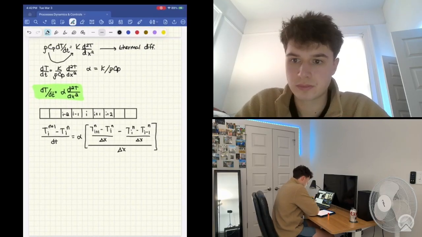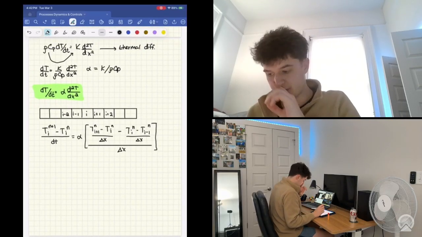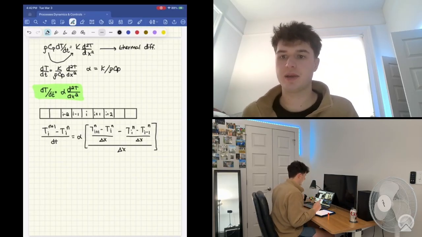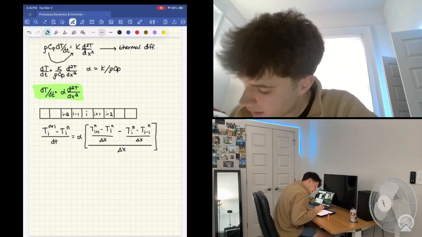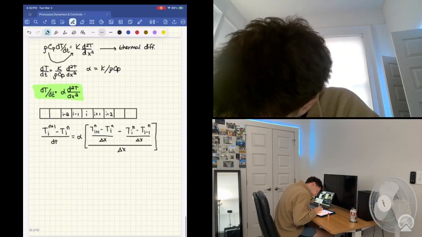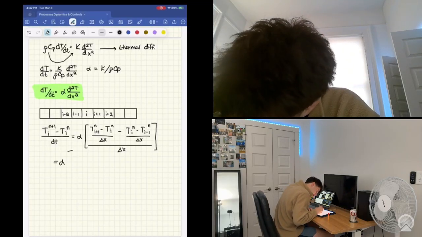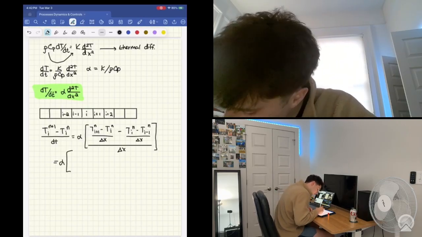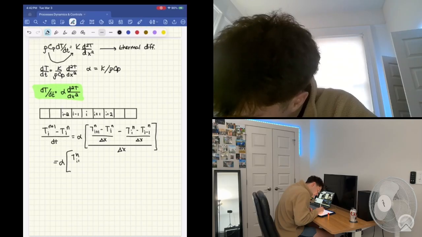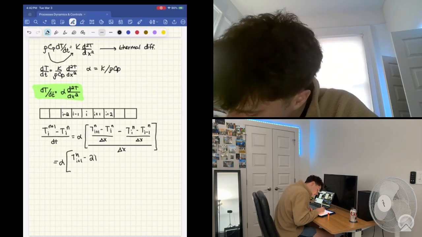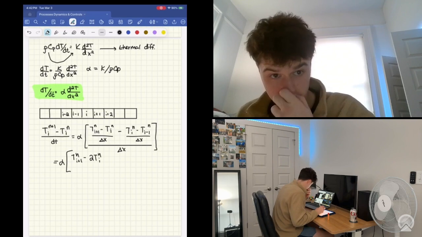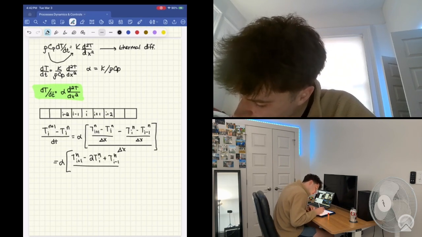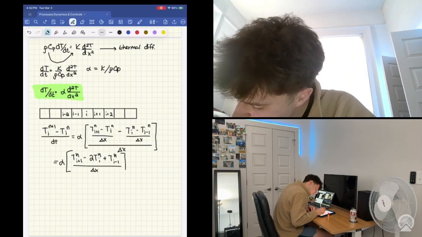There you go. So now we need to combine like terms on the right side, and then we'll be able to actually eliminate those matrix brackets and make it just a plain old equation. And so we have this equal to alpha times, and now once you work out and massage that top portion, you are left with T_(i+1)^n minus 2T_i^n plus T_(i-1)^n all over delta x.